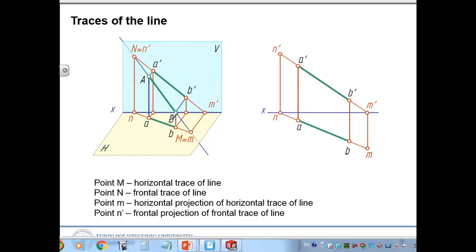And the traces are in the same position.